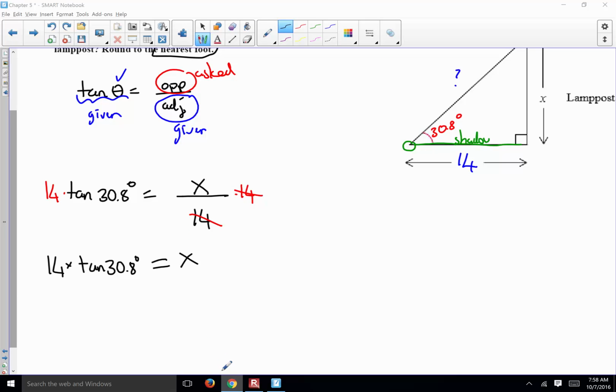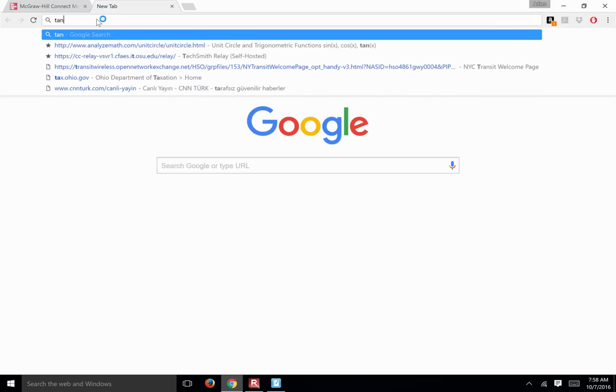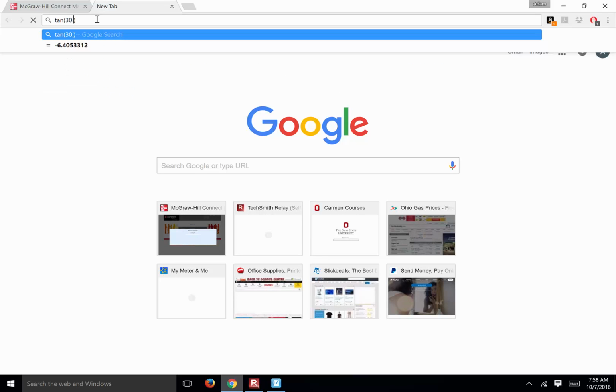So let's get this computer. Tangent, I'm not sure if I can do degrees here though. No, I don't think Google can do degrees. Isn't it just automatically degrees?